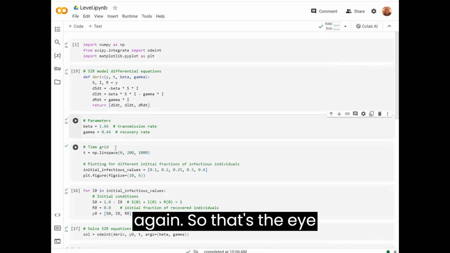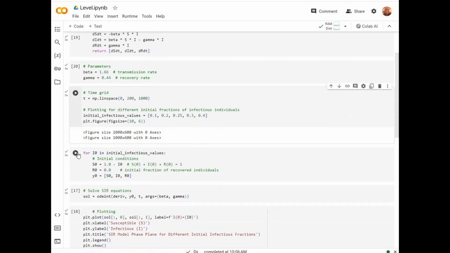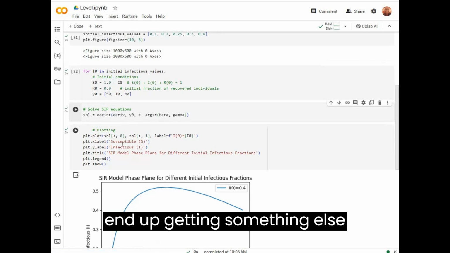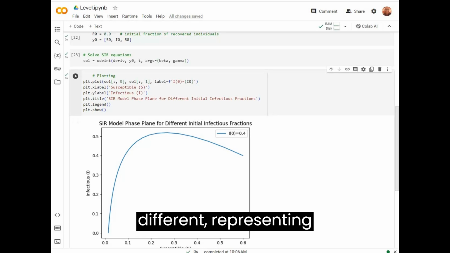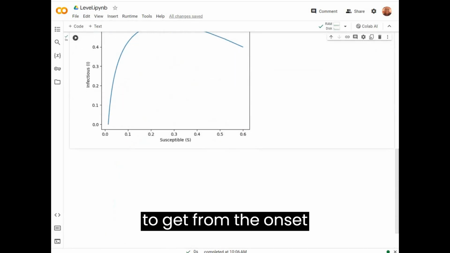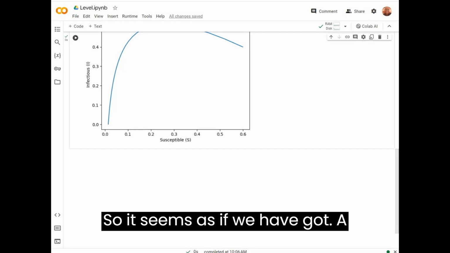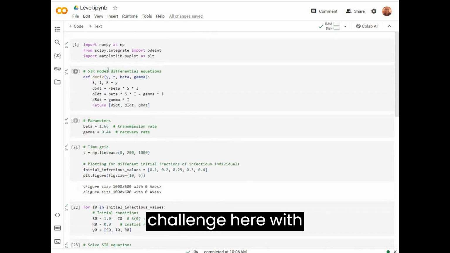So that's the challenge you can face if you make some changes to your code. You might end up getting something different, representing something that is not what you intended to get from the onset. So it seems as if we have a challenge here. Let me refresh.